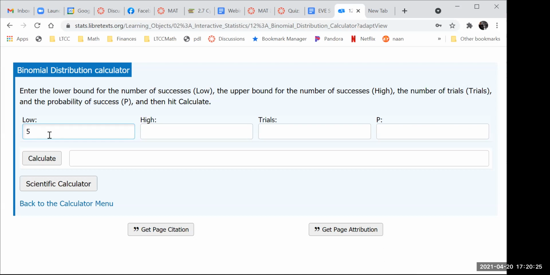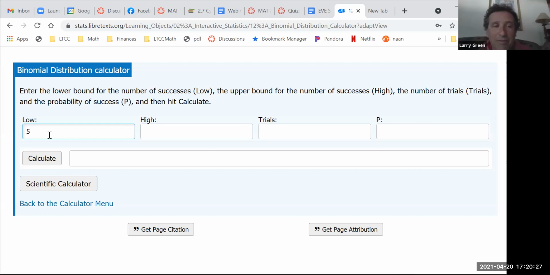Because if there's 5 people vaccinated, that's in the between 5 and 10. If there's 4, that's not. If there's 6, that's higher. Do you see? What's the high? 10. Okay, not 15, because if there are 15, we're not between 5 and 10. How about trials?